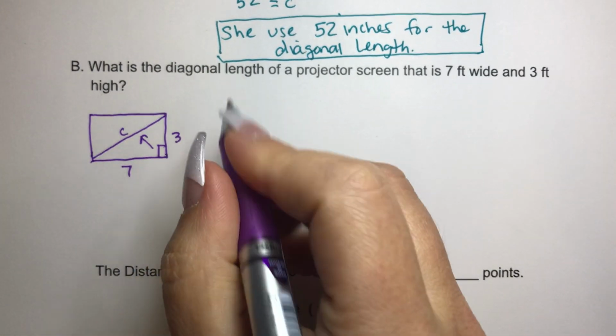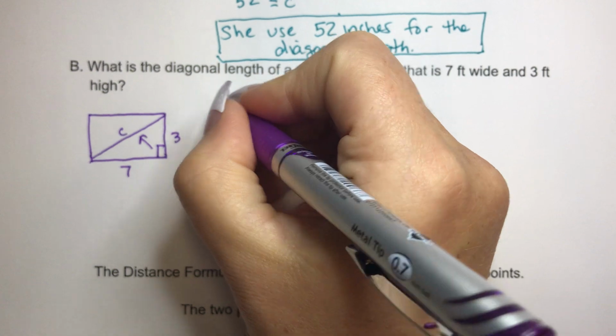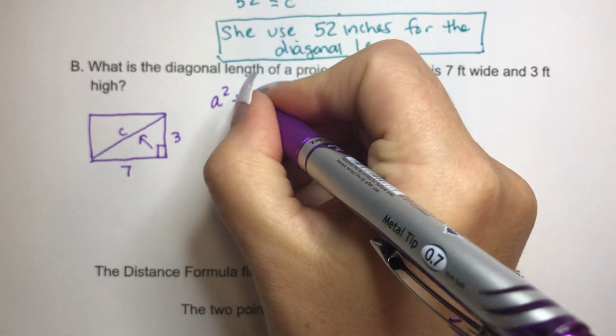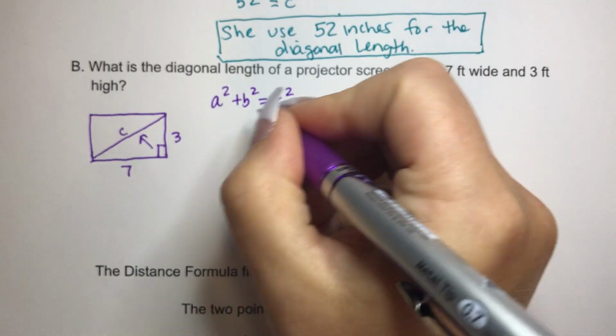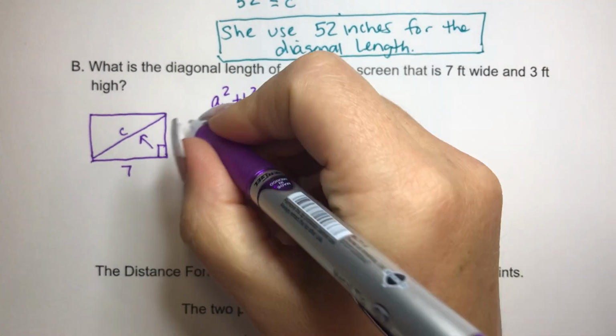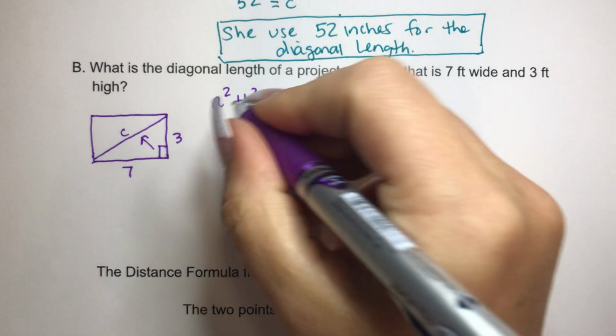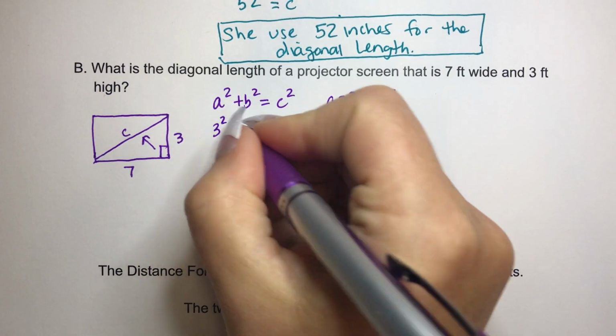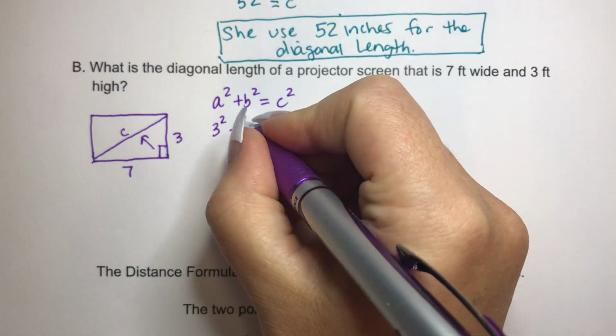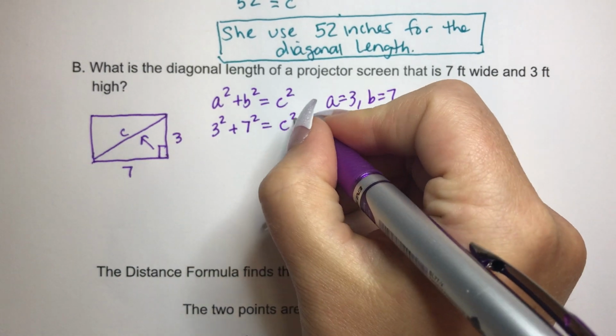Since this is a right triangle, we can use the Pythagorean theorem, which is a squared plus b squared equals c squared. We're going to define our terms. So a is equal to 3 and b is equal to 7, and just substitute everything in. So we have 3 squared plus 7 squared equals c squared.